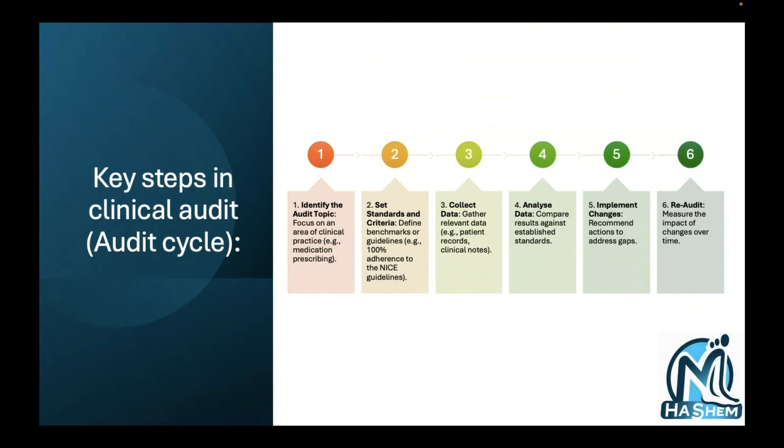Then I need to analyze this data to know whether what I'm doing is compliant or not. If it's compliant, it's okay. If it's not, I need to know why not. Once I know why I'm not compliant, I put a plan to change that, implement this change, and then I can re-audit to ensure that this audit cycle has ended in change. So I have done what I aimed for.